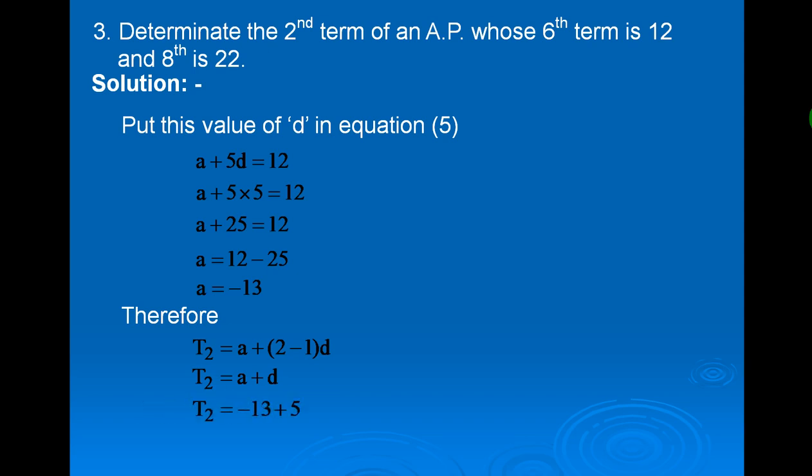Putting the value of a and d, we get T2 is equal to minus 13 plus 5, because a is equal to minus 13 and d is equal to 5. Therefore T2 is equal to minus 8. That is, the second term is equal to minus 8. This is the answer.